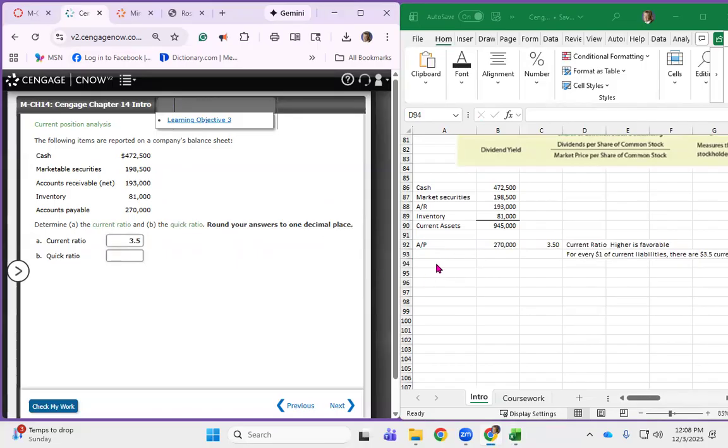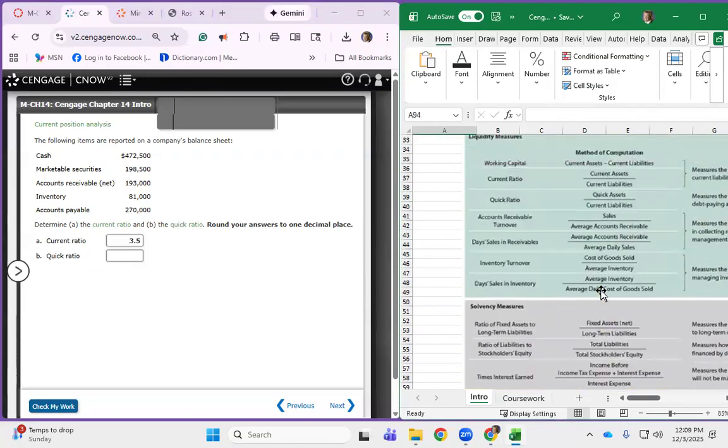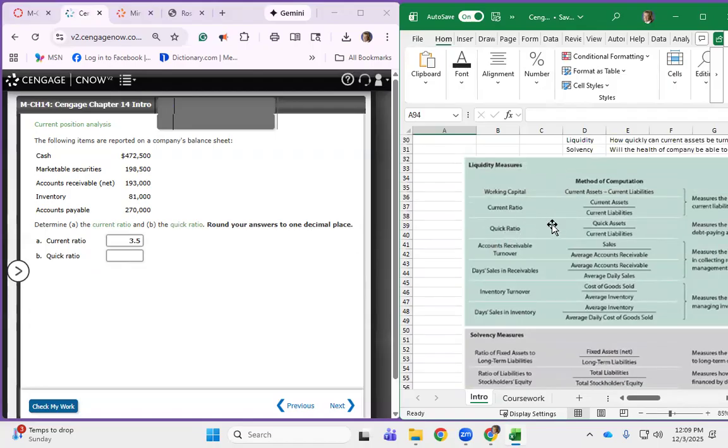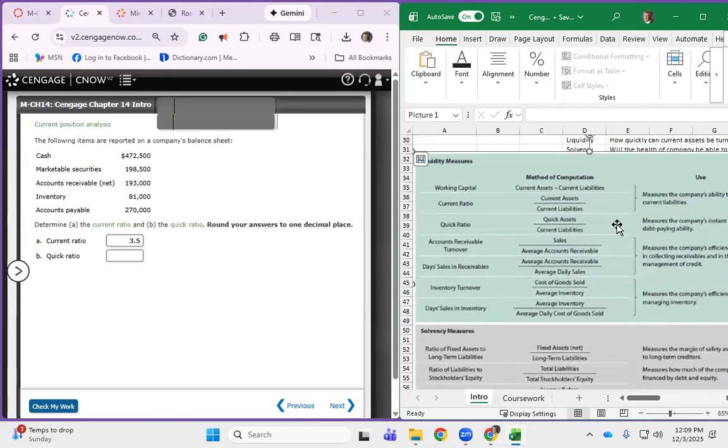Okay, now the next one is called a quick ratio. When you do the quick ratio, you've got to learn what your quick assets are. So what are quick assets? Beside each one of these is telling you how these measures get used. All of these measure your current position in your company, how well you can pay your bills with the assets that you have.